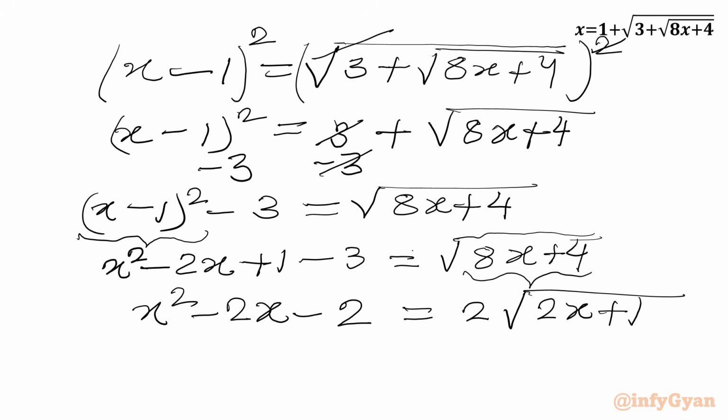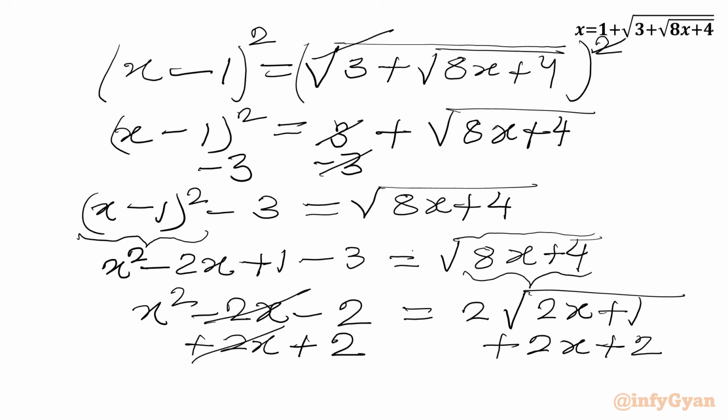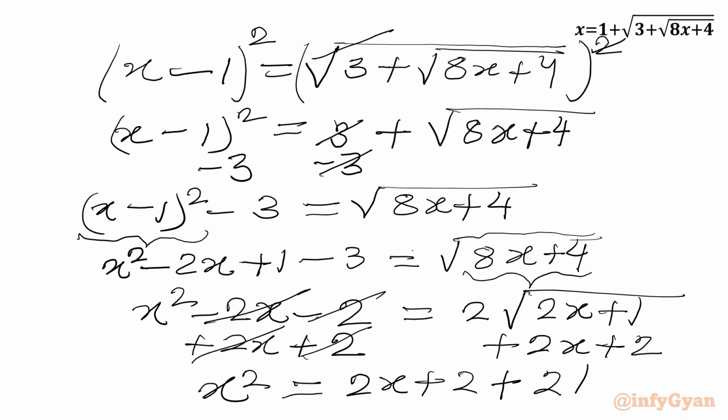Now we will add 2x plus 2 to both sides, so we add 2x plus 2 on the right hand side also. Now plus and minus 2x, plus and minus 2 will get over. We write the equation x square equal to 2x plus 2 plus 2 times square root of 2x plus 1.